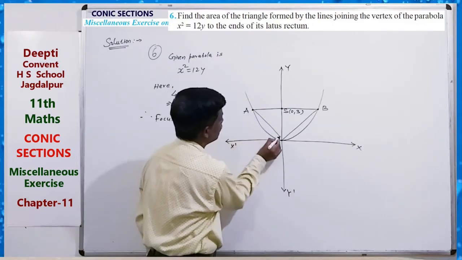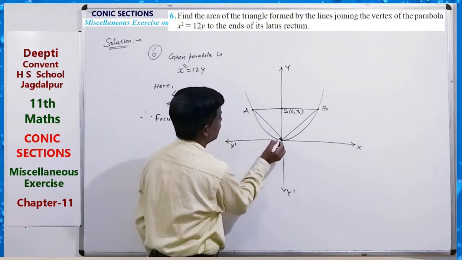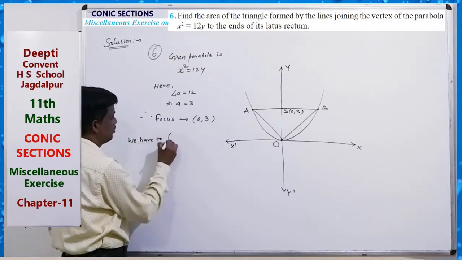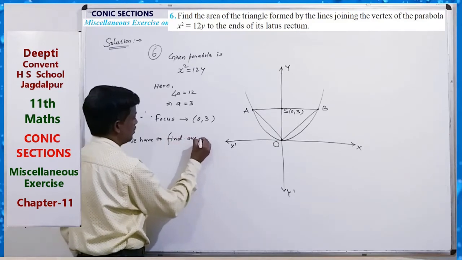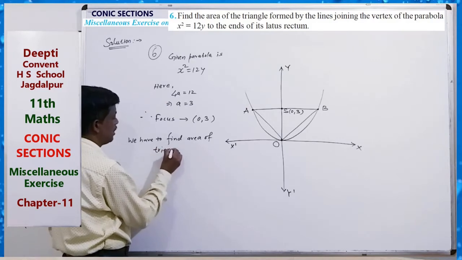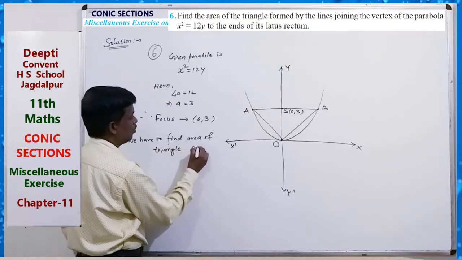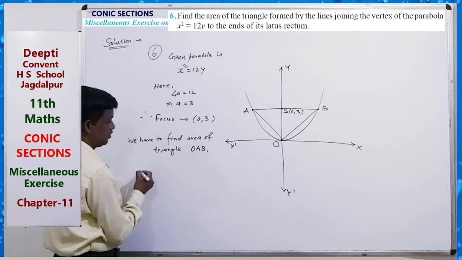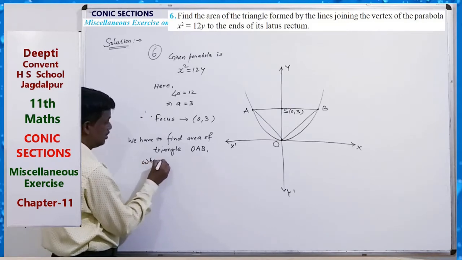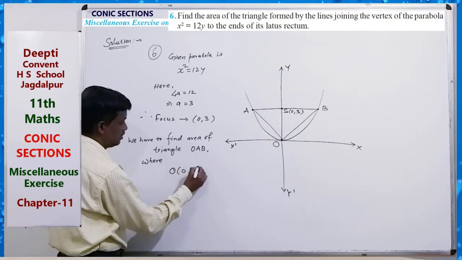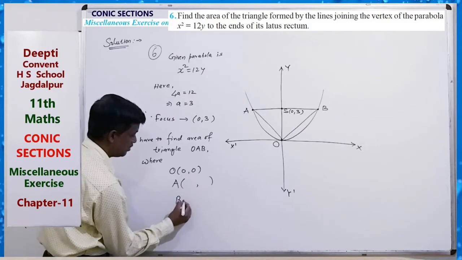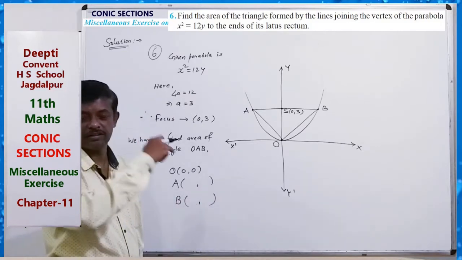Area of this triangle. We have to find the area of triangle OAB, where O is the origin, A and B. We just require 3 points.